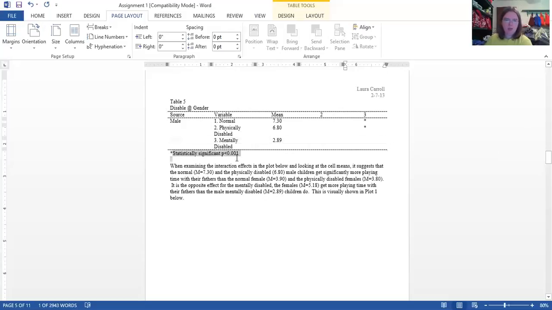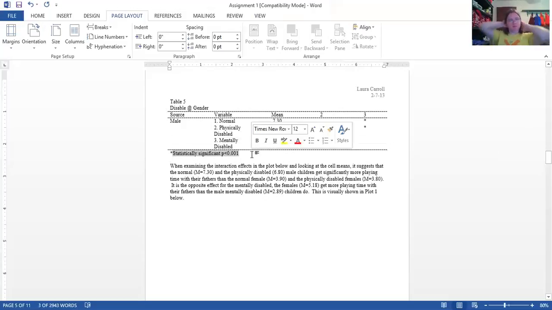And then underneath, we put the significance level. So when we're examining the interaction effects in the plot below, we're looking at the cell means. It suggests that the normal and the physically disabled male children get significantly more playing time with their fathers than the normal female and the physically disabled females, so it is the opposite effect of the mentally disabled.